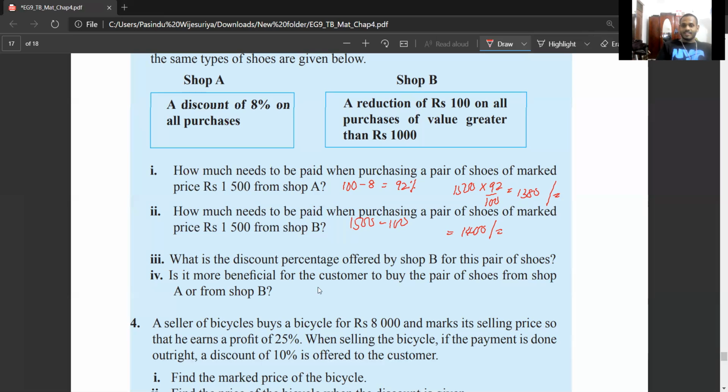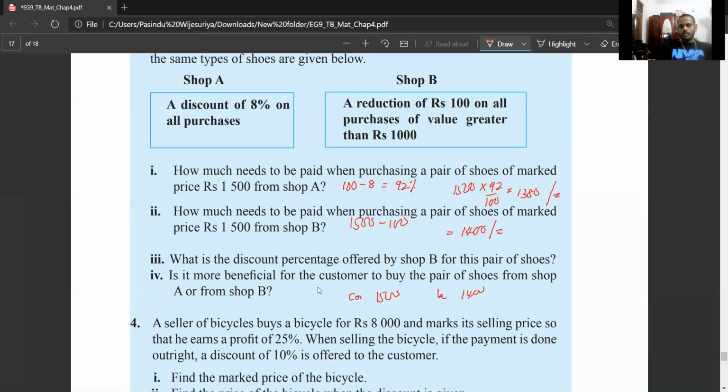Okay, that's a good question. When they ask the discounted percentage, what we have to see is, the cost is 1500. You bought it for 1400.